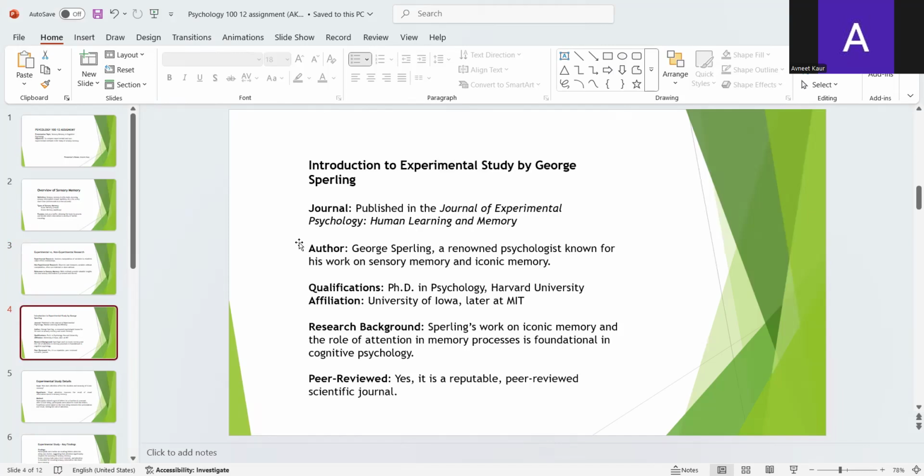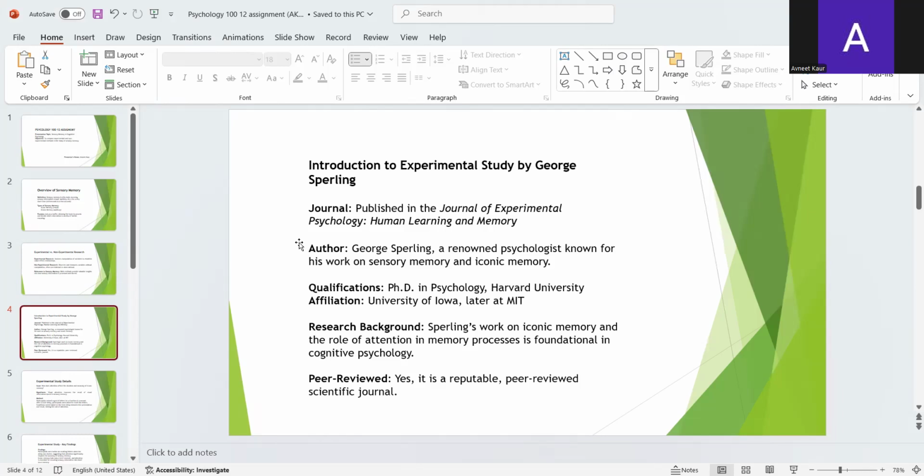Furthermore, firstly, I would like to introduce the experimental study, which is authored by George Sperling. It is taken from the Journal of Experimental Psychology: Human Learning and Memory. The qualification of the author George Sperling is a PhD in psychology from Harvard University, and he was affiliated with the University of Iowa, later at MIT.